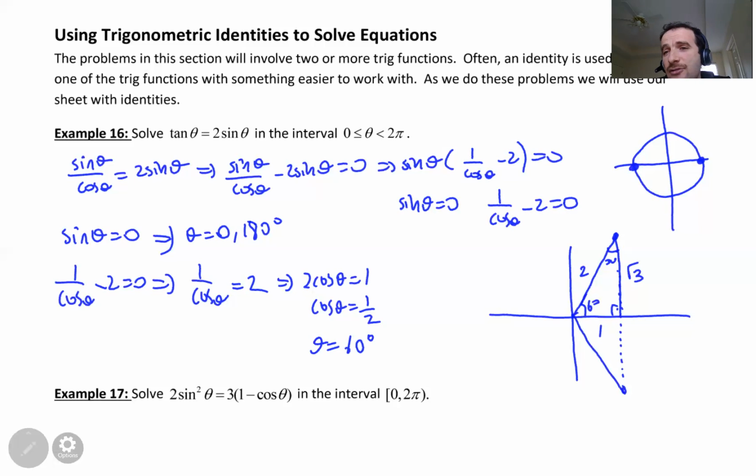And it makes sense to use the x-axis because on the unit circle, remember, the x coordinate gives the cosine. So this also has the same cosine value 1/2. But which angle is that? I should start from the x-axis and come all the way down here, right? And this part is 60. So the remaining is then 300.